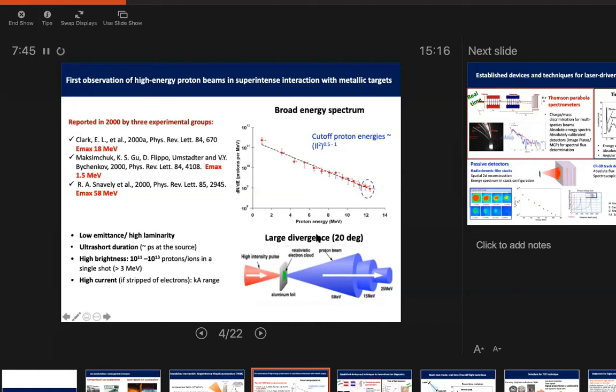So all these characteristics of beams that are very far from conventional ones make necessary the development of specific diagnostics and specific detectors for the diagnostics of this beam.